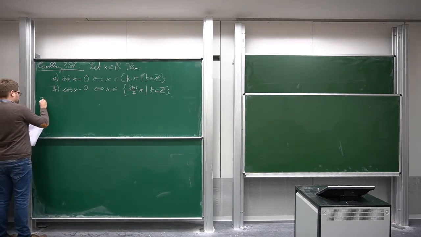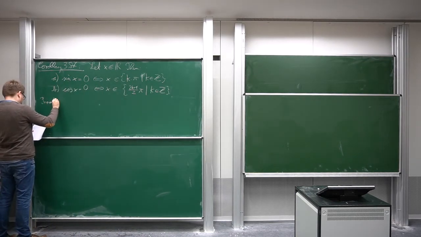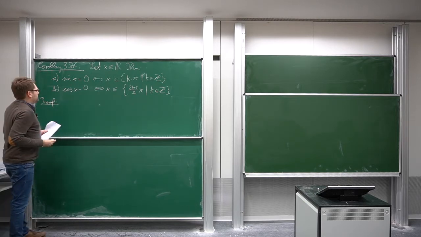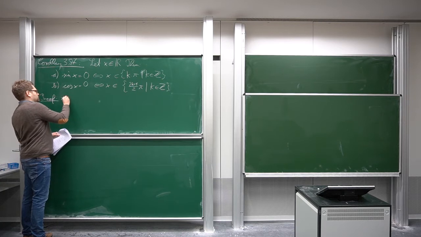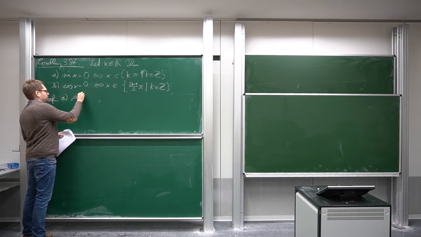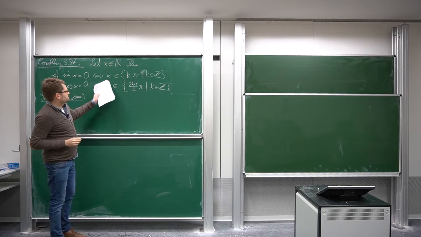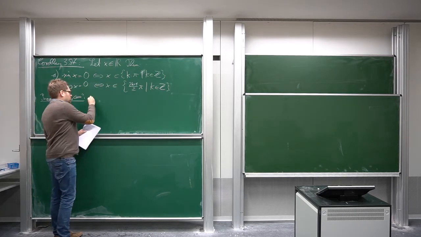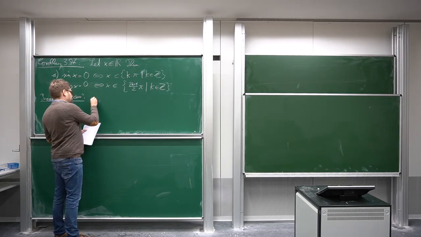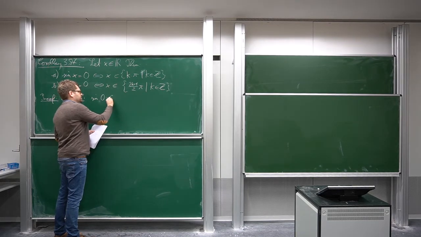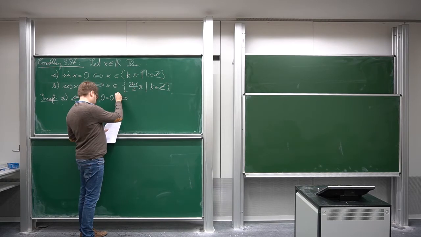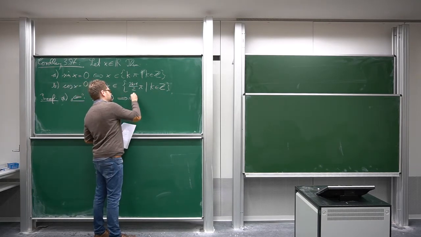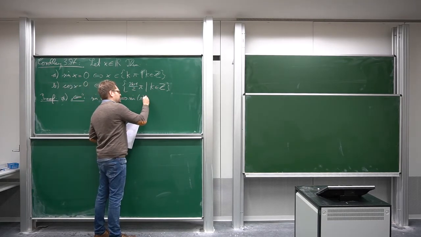Okay, how to see this? Let's start with A. First of all, the simple thing, we have to show that it's 0 everywhere there. We know that sine of 0 is 0, and this then shows that the sine of pi is 0.